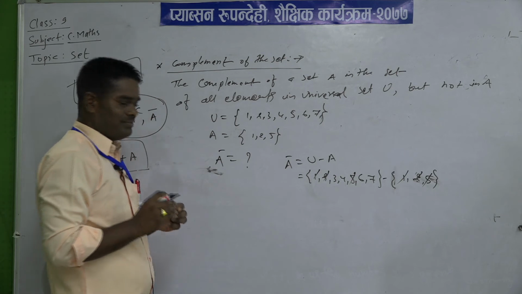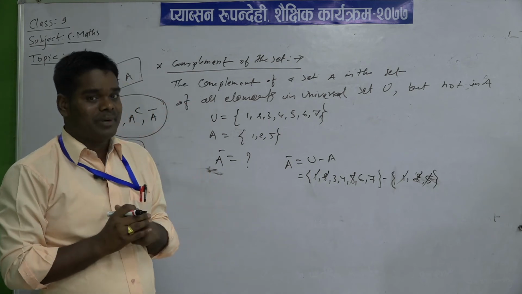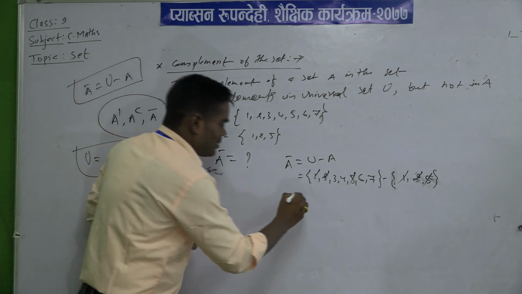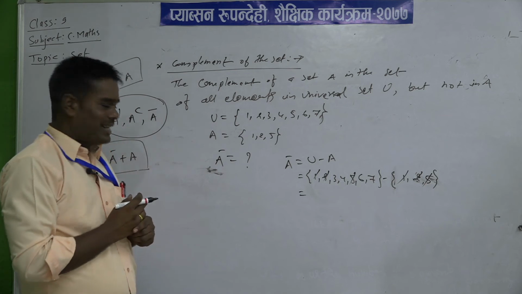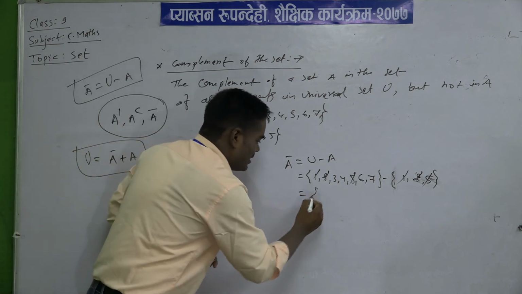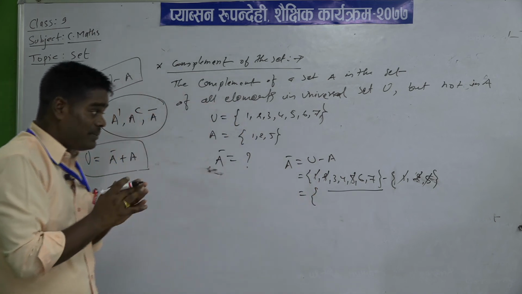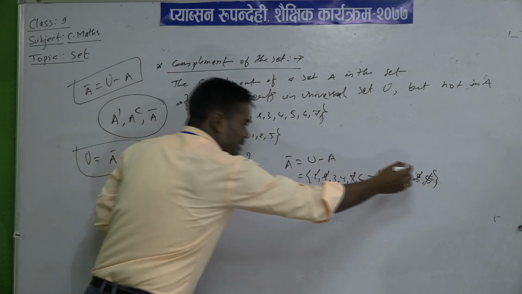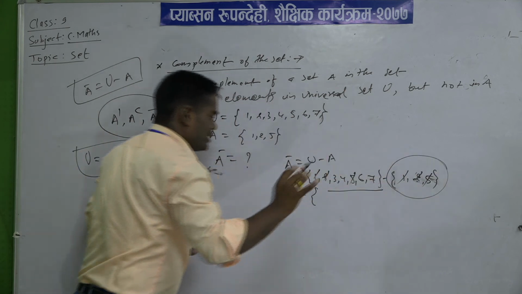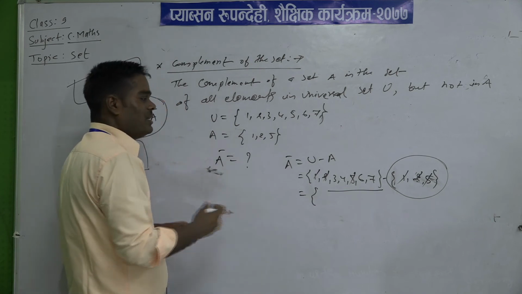The concept will become clear. Students, I am sure you are watching and trying to understand well, and you will certainly understand, because you have come after passing class 8. And see here what is left. I have told you, if elements are left in the first set then only you have to take them; in the second set we have no concern.